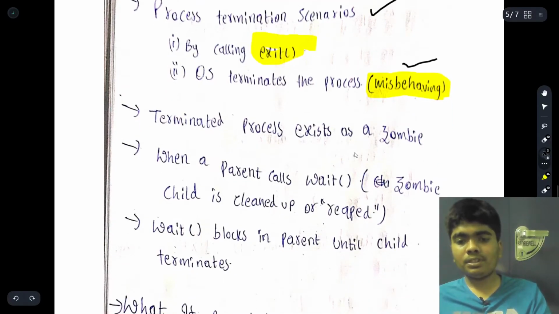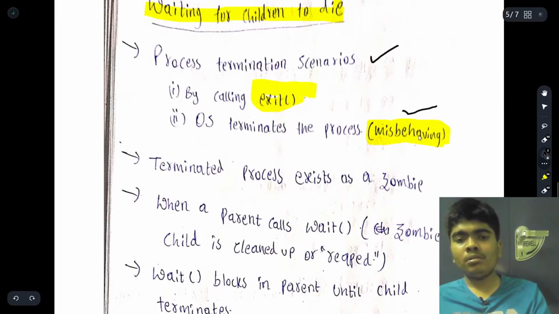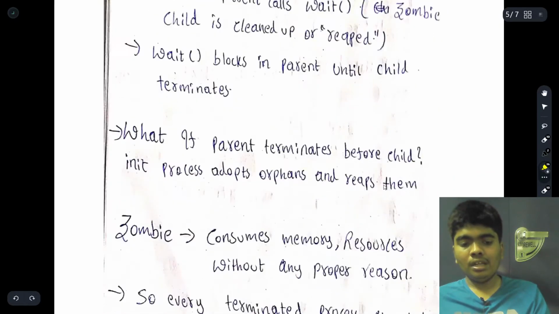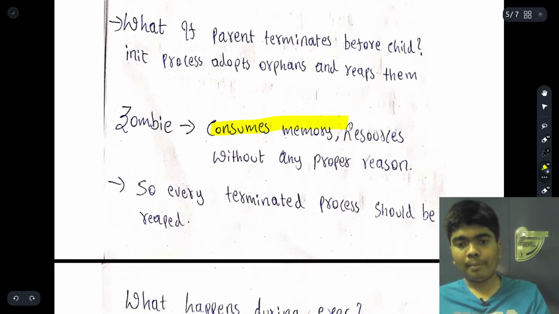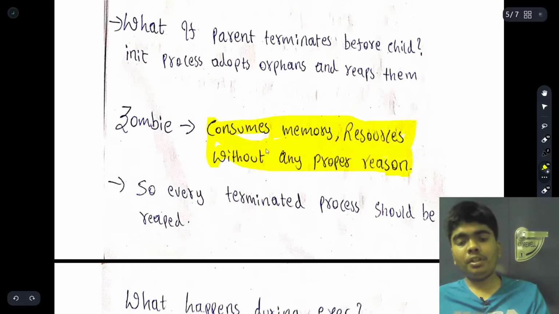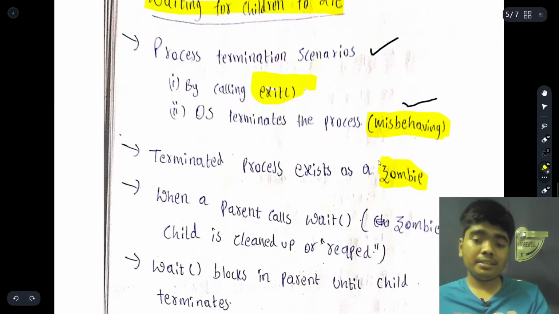A terminated process exists as a zombie. In some ghost movies, if a person dies, he will be like a ghost. Here the ghost is nothing but a zombie. What will the zombie do? The zombie will consume memory and resources without any proper reason, which may create some loss.